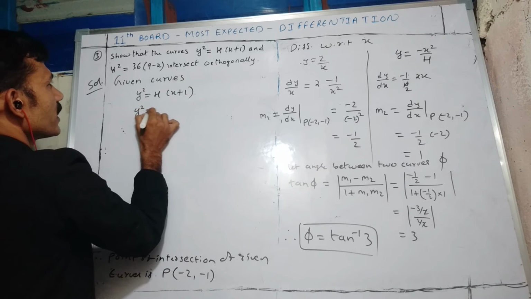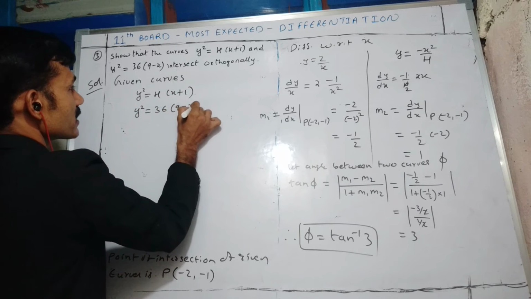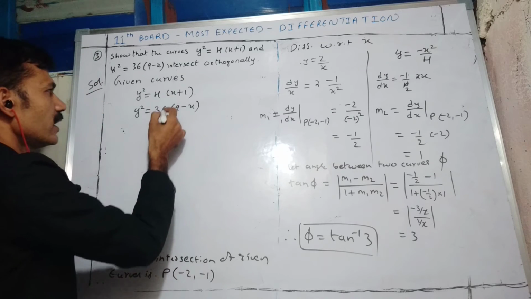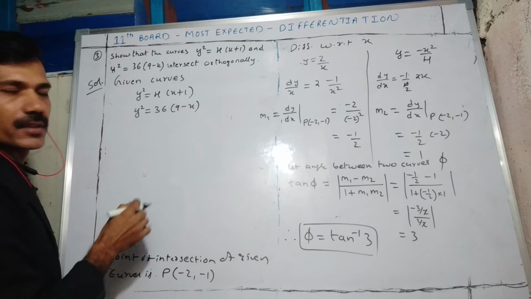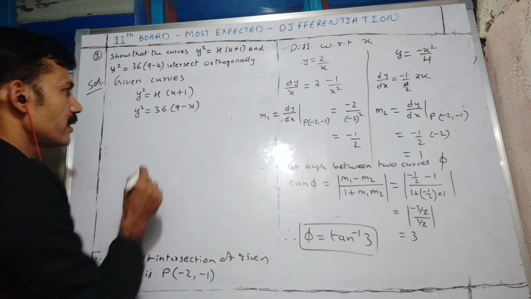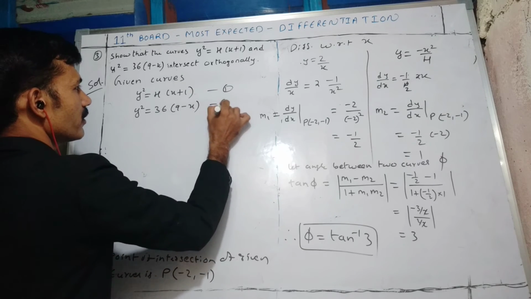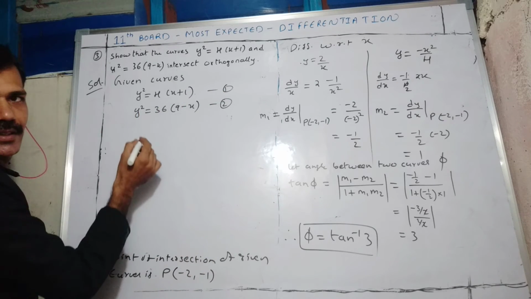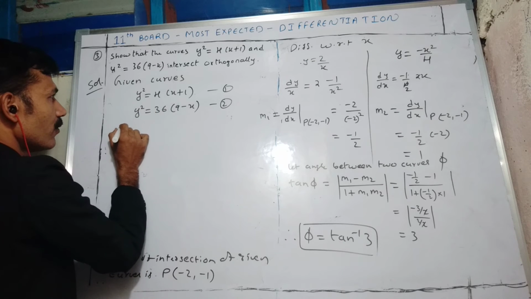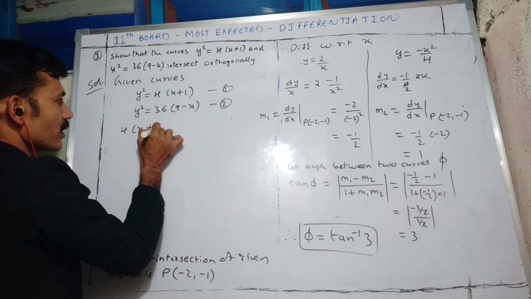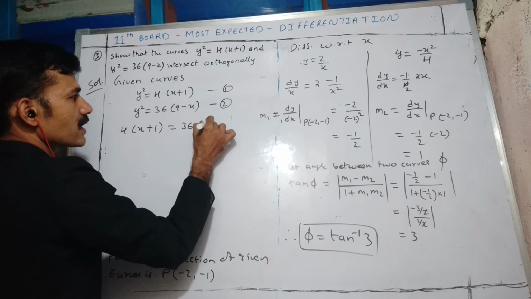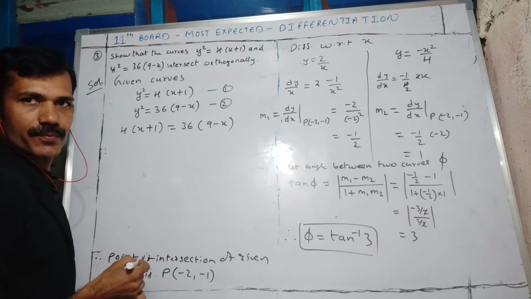Another curve is y square equal to 36 times (9 minus x). 1 and 2, you can equate them. Here y square value, here y square value. From 1 and 2, equate 1 and 2, what are we going to get? Okay. Here 4 times (x plus 1) is equal to 36 times (9 minus x).